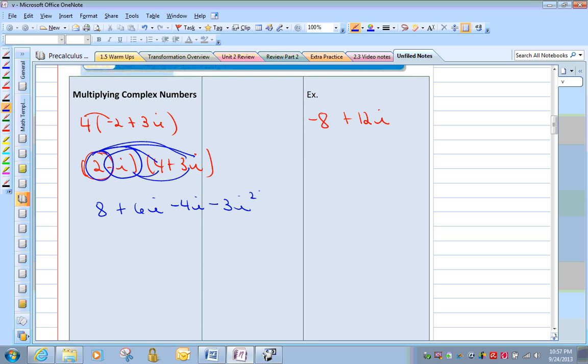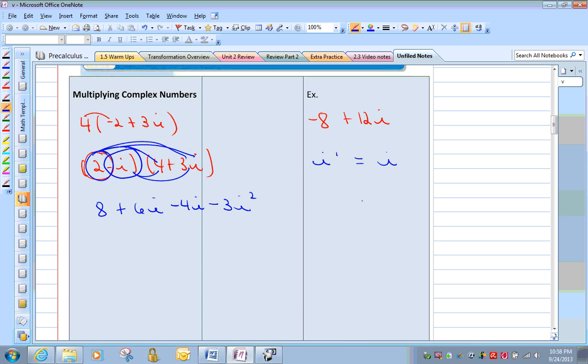Which brings me to something very important about our imaginary numbers. Make sure you have this written somewhere and understand it. i to the first is equal to i.